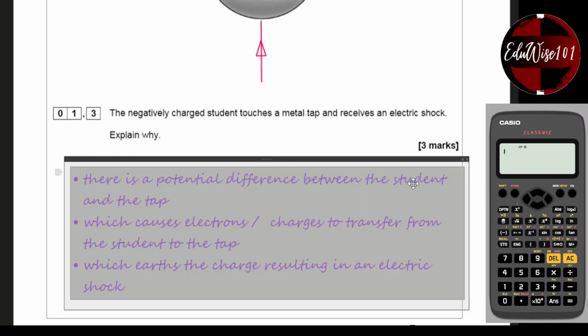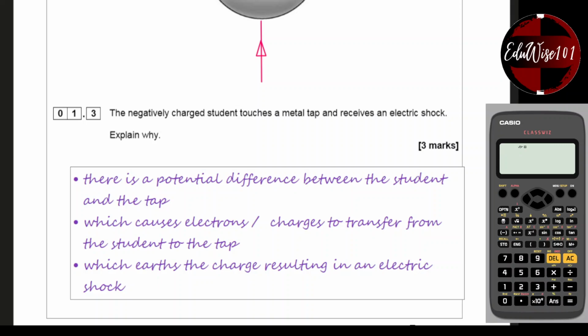So here's the answer. There is a potential difference between the student and the tap, which causes electrons or charges to transfer from the student to the tap, which earths the charge, resulting in an electric shock.